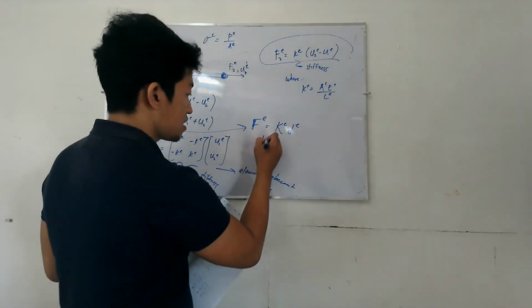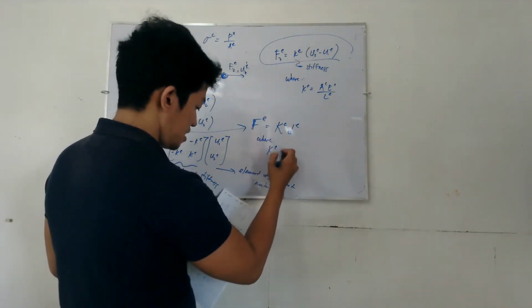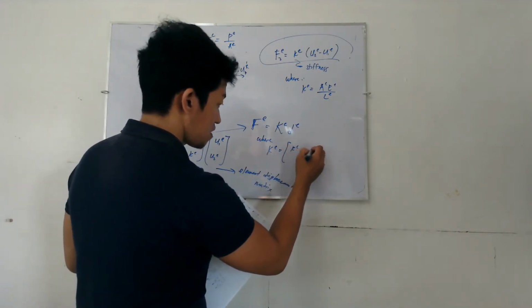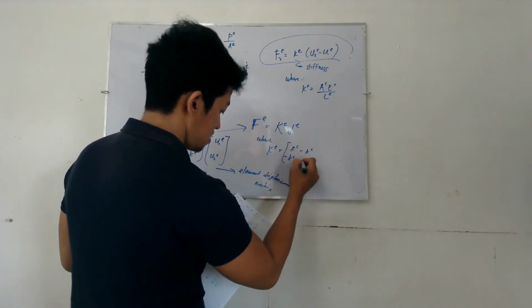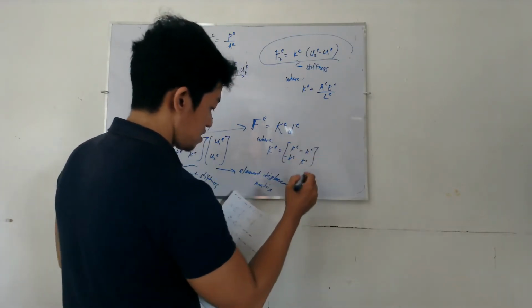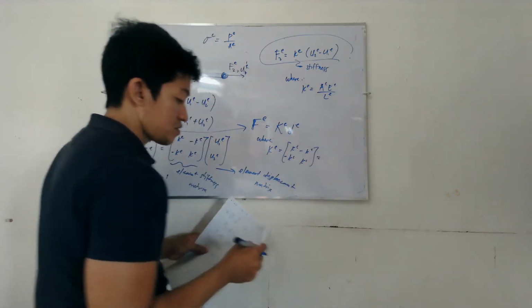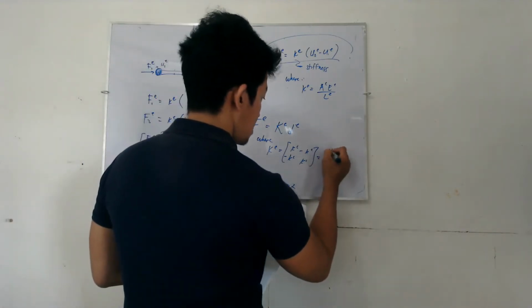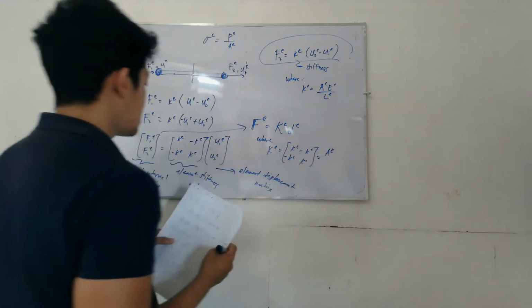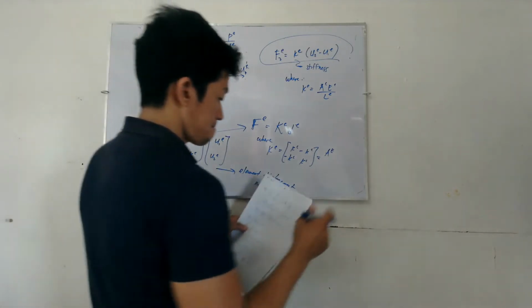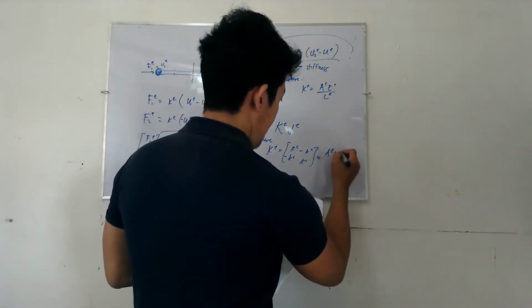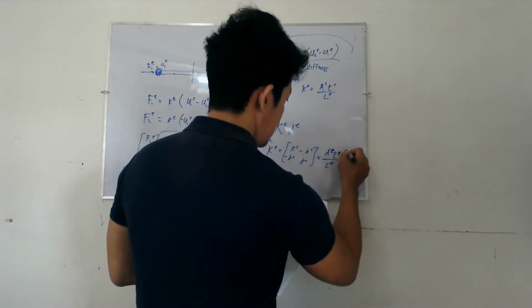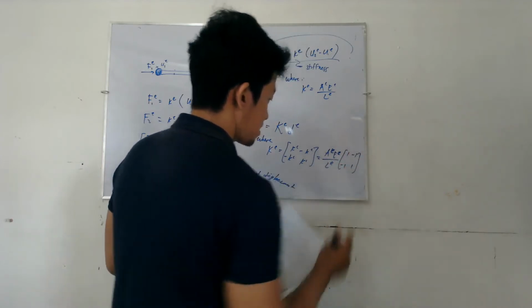Where K to the E is equal to, this is just equal to AE over LE times the matrix 1, negative 1, negative 1, 1.